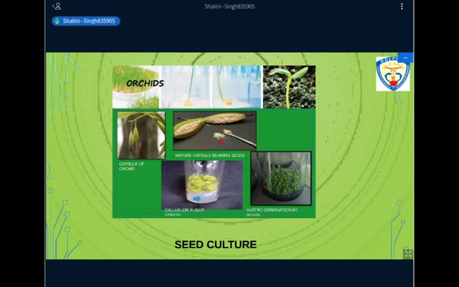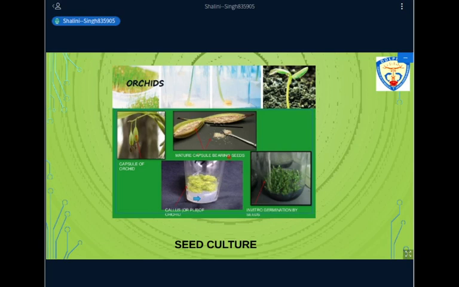As you can see here, the size of orchid seeds is very, very small. And what is the significance of seed size in germination? As I have already mentioned, the seed has two parts: one is the embryo and another is the endosperm. The embryo is there, that's why the seed germinates.